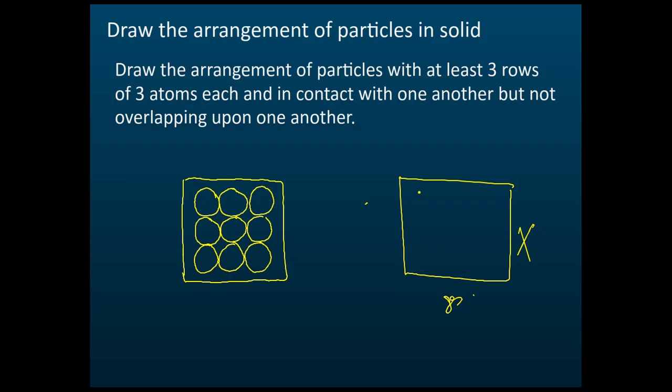One here, maybe one here, another one here. You must show that the particles are far away and random, not arranged in an orderly manner like this. So for gas, they are far away and not in an orderly manner.